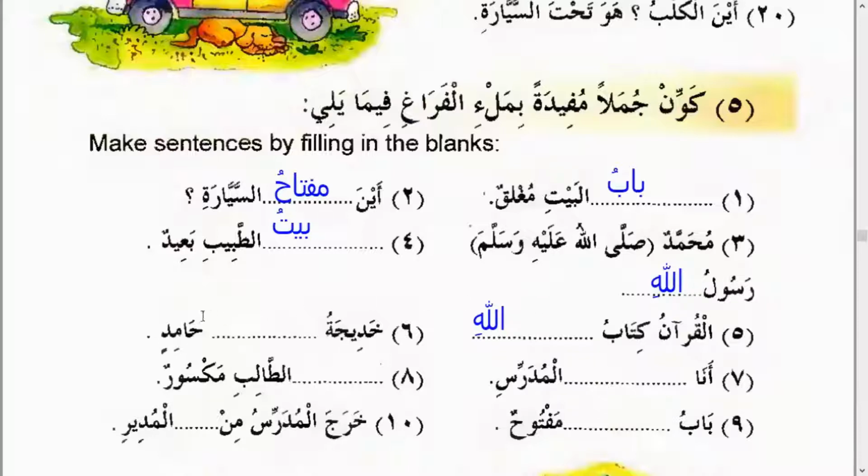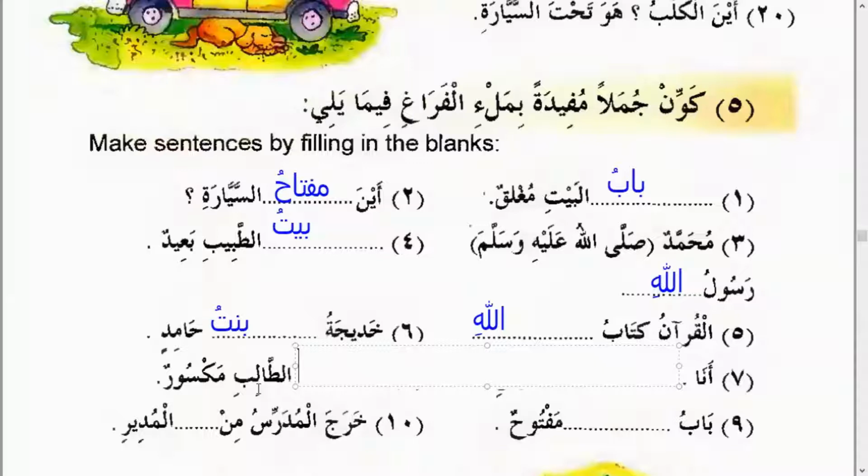Khadija is the dash Hamidin. Khadija is the daughter of Hamid. Bintu Hamidin. Mudaf again. Hamid's daughter. Ana dash al-Mudarris. I am the son of the principal or whatever. Ana ibnu al-Mudarris. Mudaf again. Dash at-Talibi maksurun.